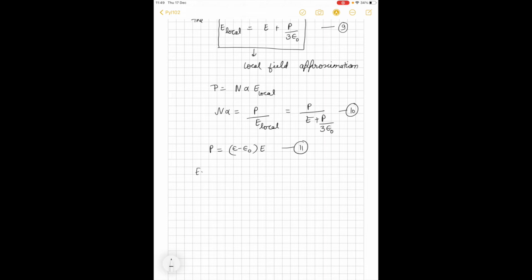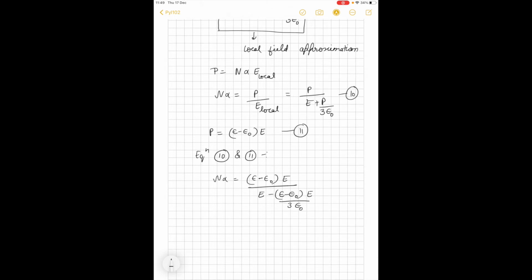So using equations 10 and 11, you can write down alpha is equal to epsilon minus epsilon naught times E divided by E plus epsilon minus epsilon naught times E over 3 epsilon naught. So you can actually eliminate E from here, and we can rewrite epsilon divided by epsilon naught as epsilon r, which is the dielectric constant, or relative permittivity.